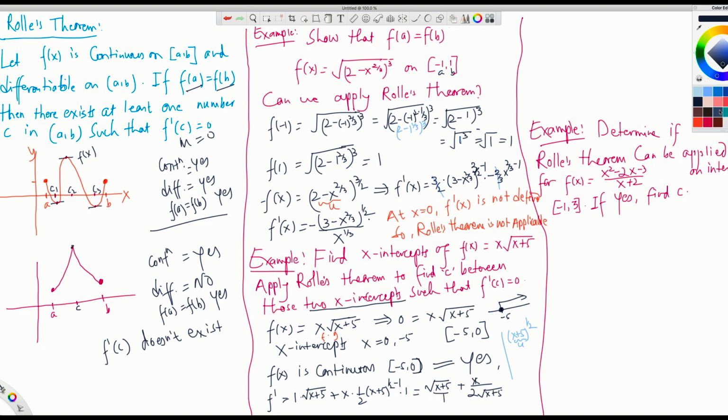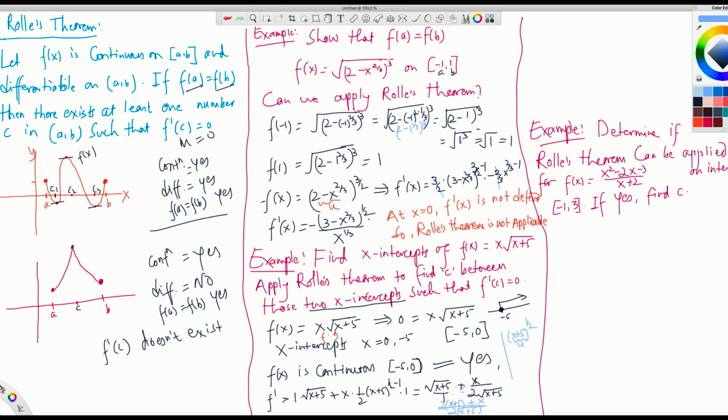Now there is a 1 in the denominator on the first term, right? How do I combine these two? It is just like a cross multiplication. You see that? So root x plus 5 times 2 root x plus 5 will be 2 times x plus 5, and then plus x times 1 is just x, right?